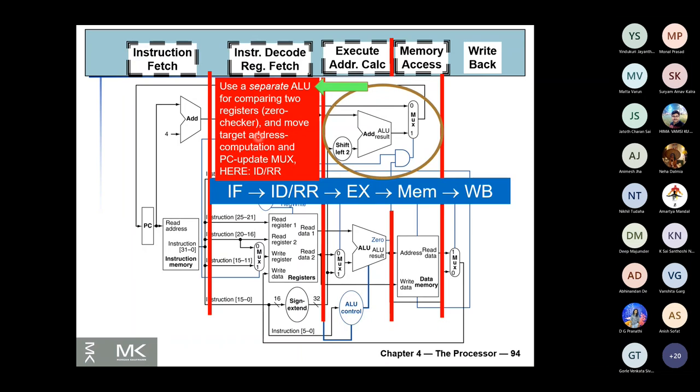Therefore, if it is a branch instruction, the outcome of the branch would be known at the end of this instruction decode and register fetch stage, at the end of the second stage, instead of here.